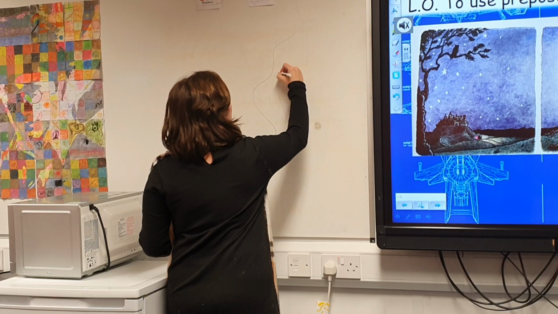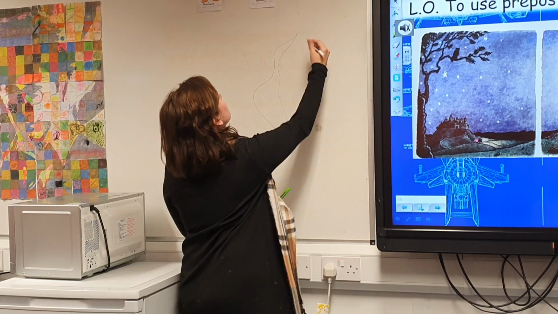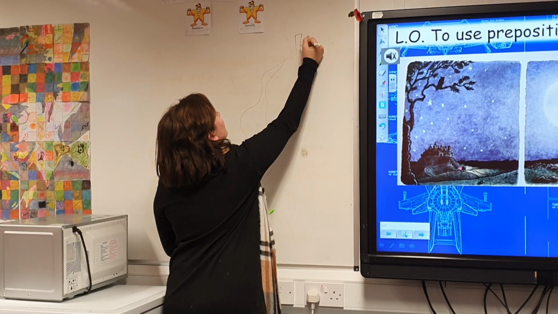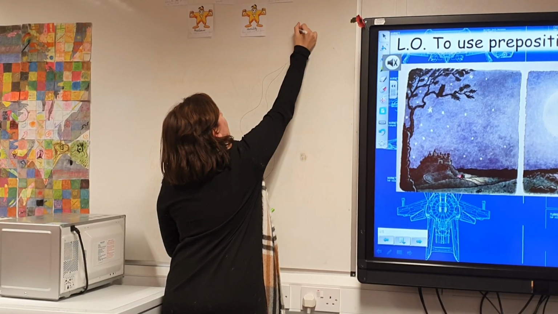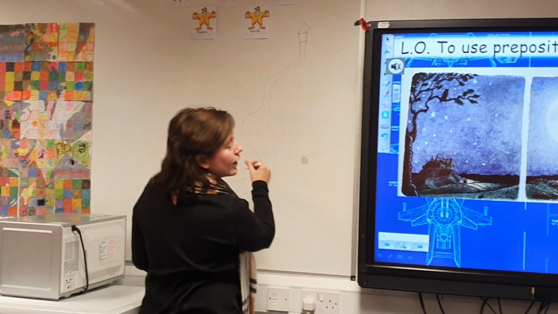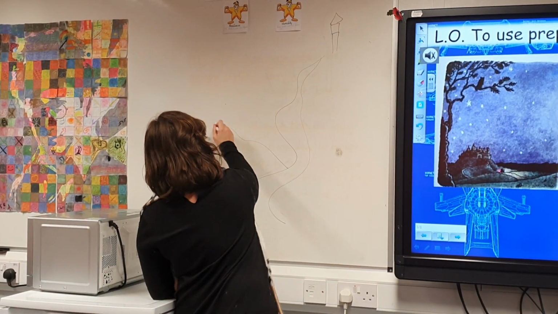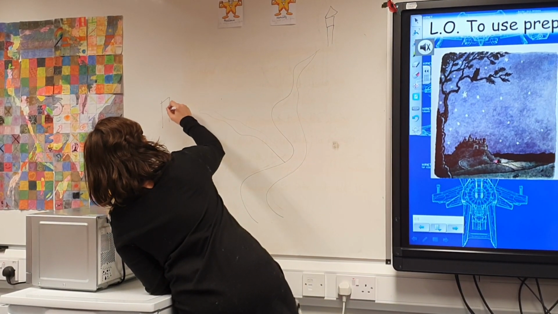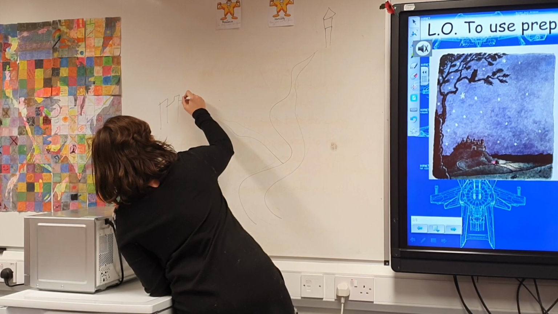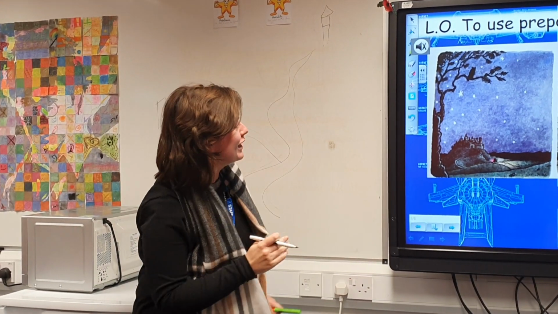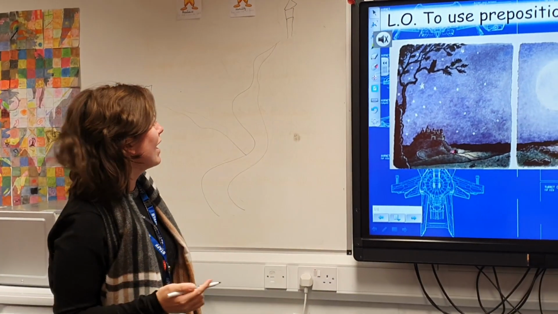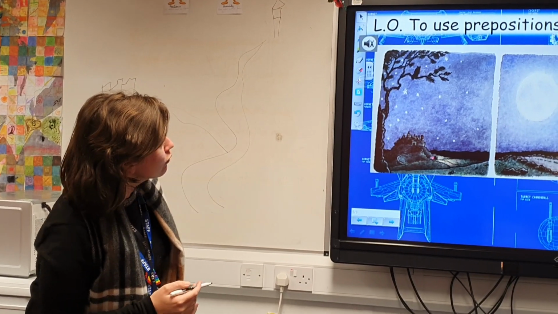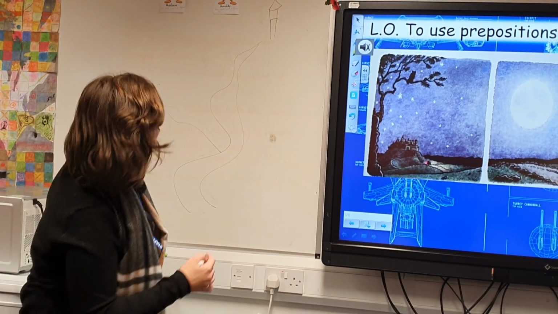So here's my turret. And then here, he'd be able to see the mansion. Sorry that you're just seeing the back of me and my horrendous drawing, but it's the best I can do. He could also be seeing the moon.